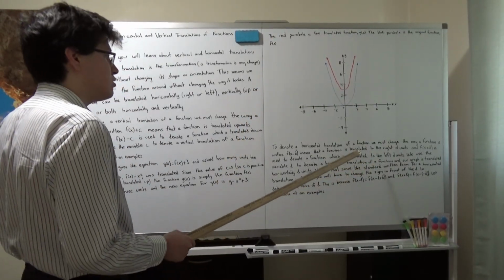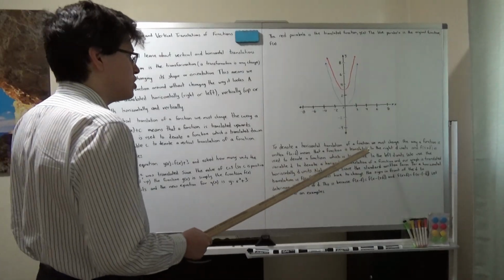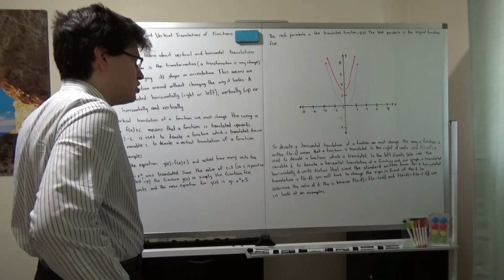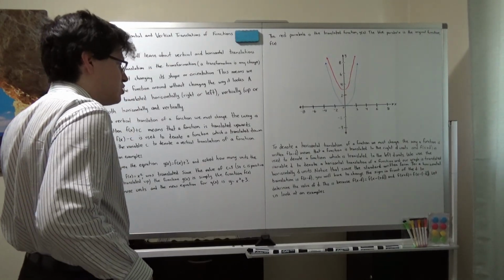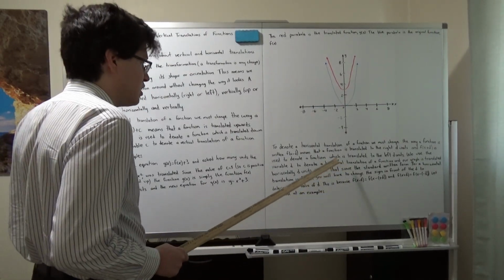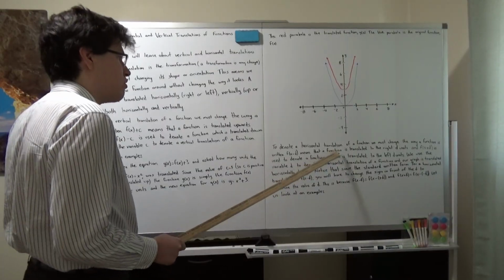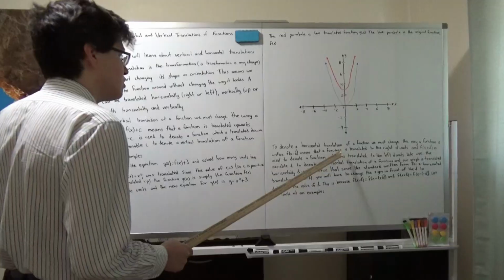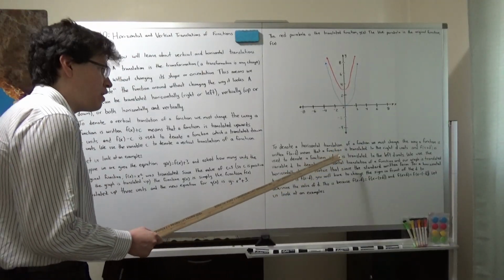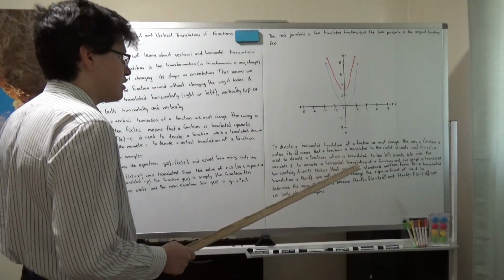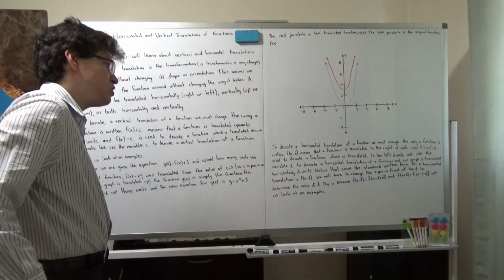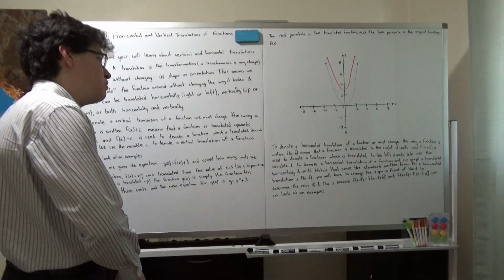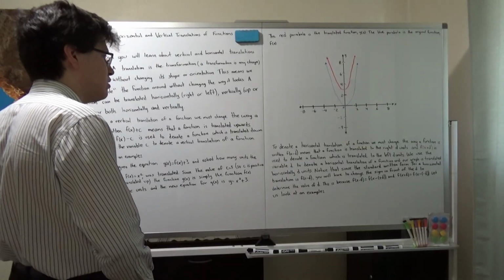To denote a horizontal translation of a function, we must change the way a function is written. f of x minus d means that a function is translated to the right d units, and f of x plus d means that a function is translated to the left d units.